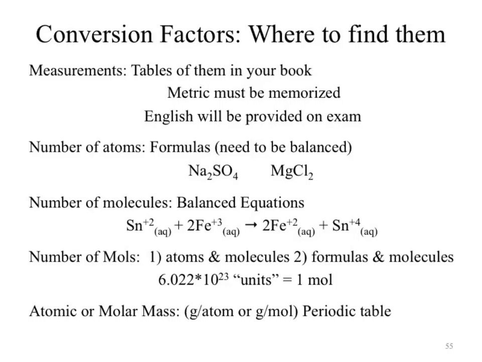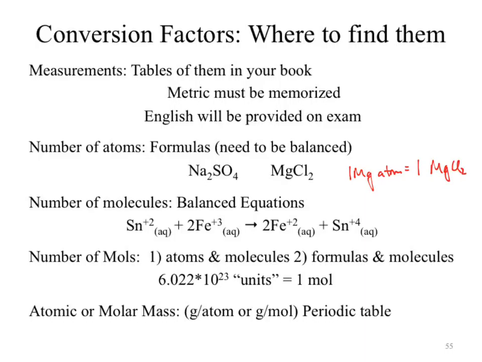You now have a conversion factor: 1 magnesium atom equals 1 magnesium chloride. You can now use that as a conversion factor in your dimensional analysis. That information is given to you.